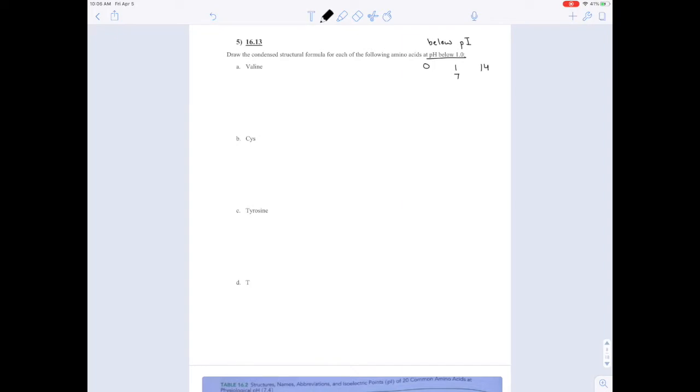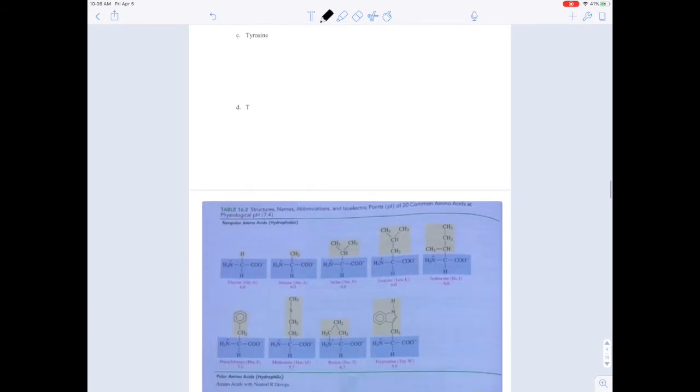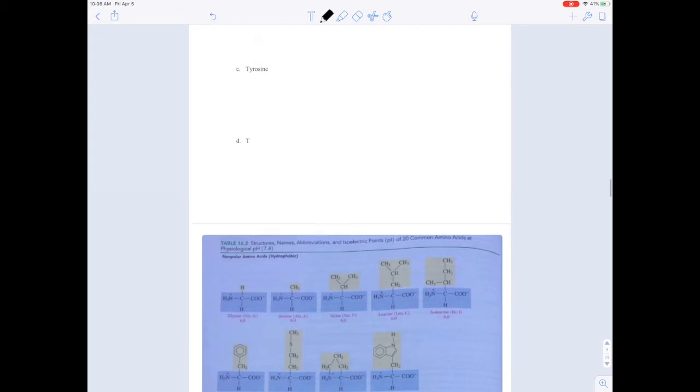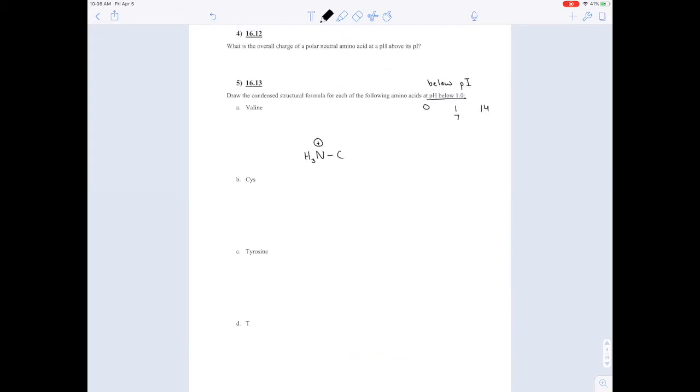Now this is at the pI, so we'll have to fix this, but we'll just start. Drawing it from that table, it's NH3 with a plus sign. Then you have the carbon, right? And then COO minus, and you have the hydrogen going down.